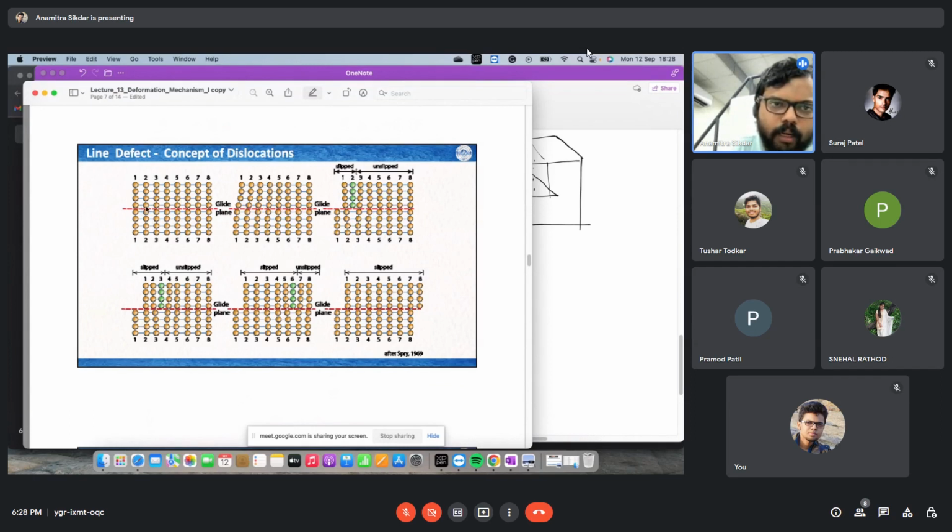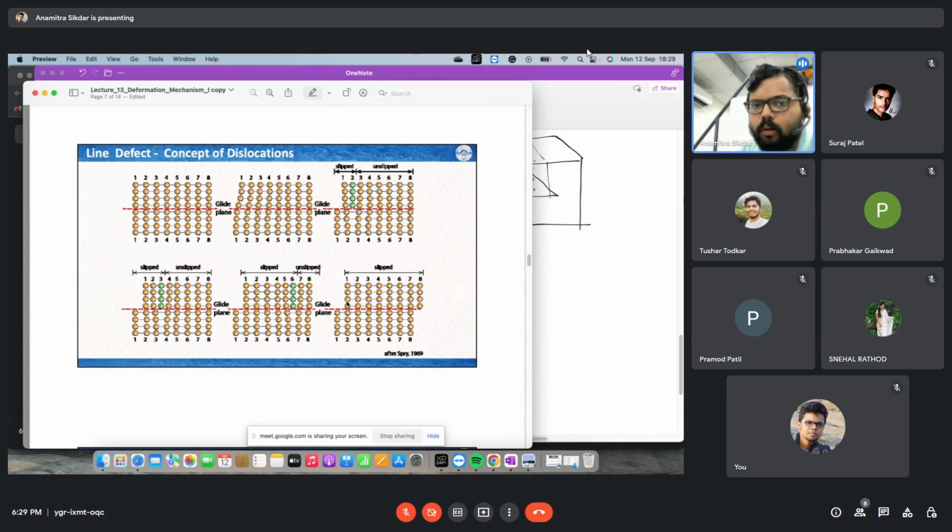If it moves here, it will be only one b. If it's here, then it will be 2b. It cannot move anywhere else in the crystal, like here or maybe here, no. So ultimately, when you get the final picture, it will be sitting either here or here or here. If you continue the deformation, this whole part will again move in this direction, right?